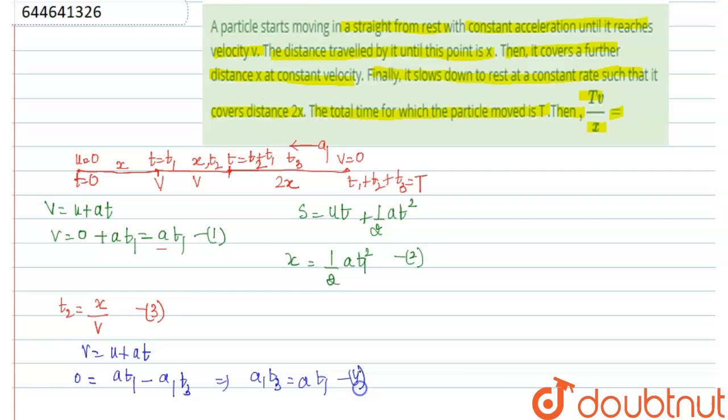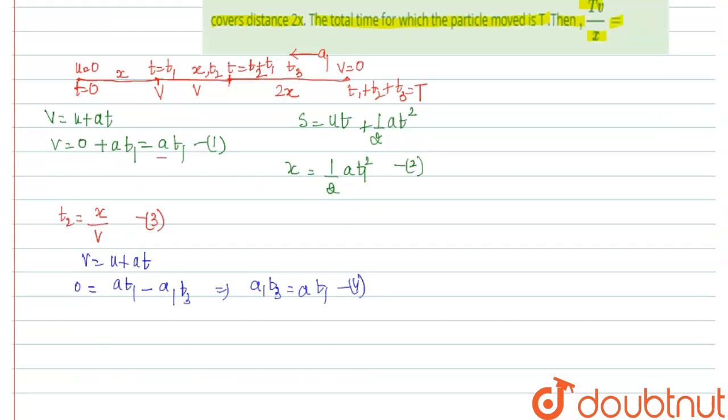This is equation 4. Now the distance traveled in the last time, that is 2x, is s is equal to ut, where u is v into t3, minus half a1 into t3 square.